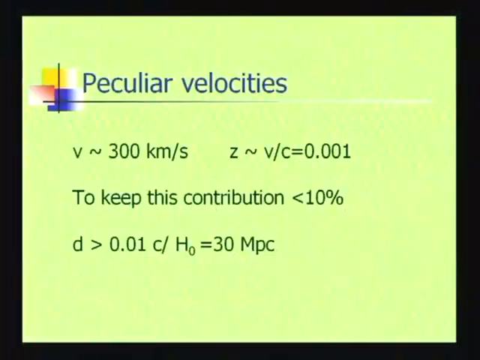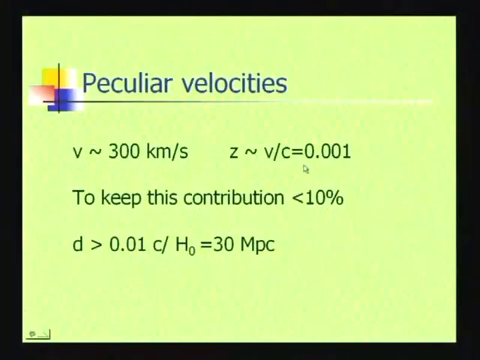So, just to make an estimate, I have assumed that the peculiar velocity, this is not the Hubble velocity, but the peculiar velocity is of the order of 300 kilometers per second. So, if a galaxy has a peculiar velocity of 300 kilometers per second in the nearby universe, then this would introduce an extra redshift v by c.